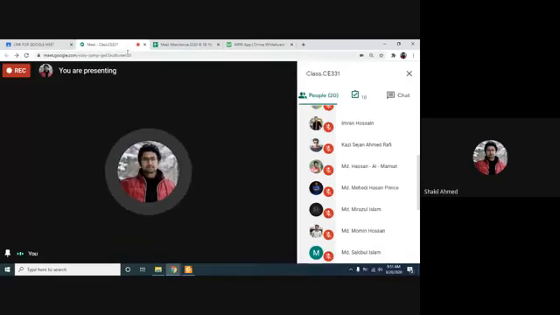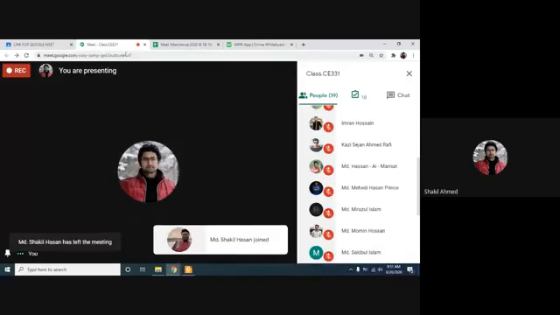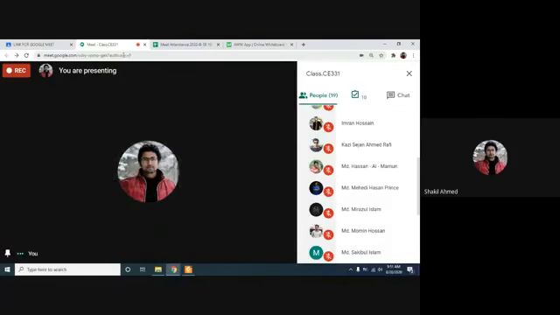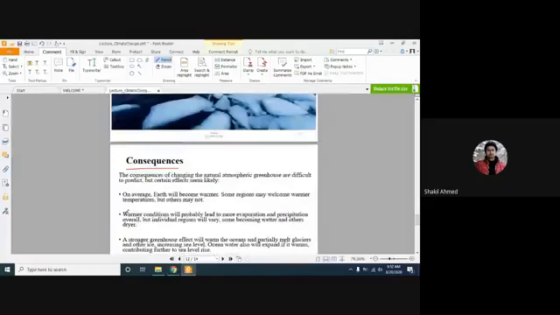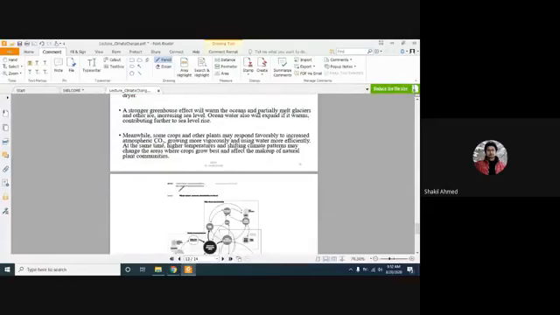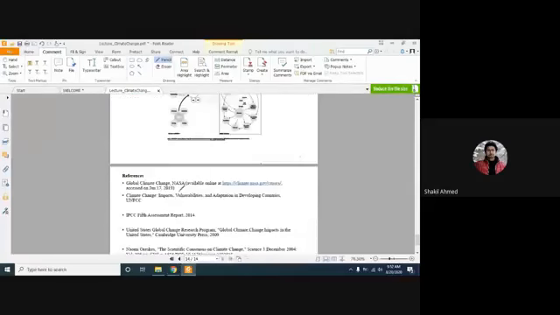So global warming can have a massive destructive effect and massive destruction. So that's why we are trying hard to reduce this carbon emission.